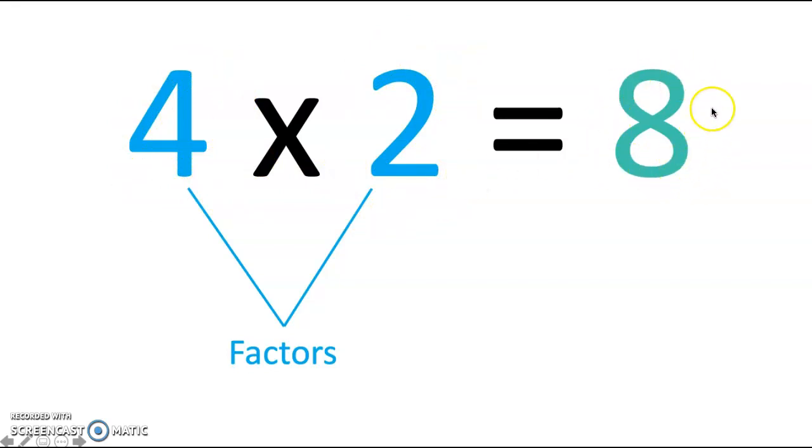Then we've got our product. Can you go ahead and say the word product? The product is going to be our answer when we are multiplying. Okay, so we've got factors, those are the numbers that we will be multiplying. And then we've got the product, that is the answer of our multiplication problem.